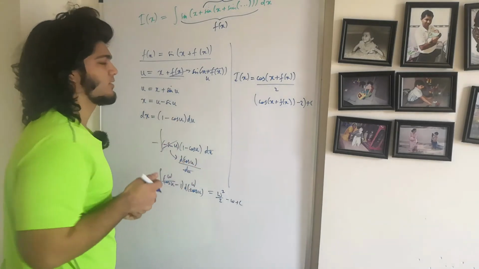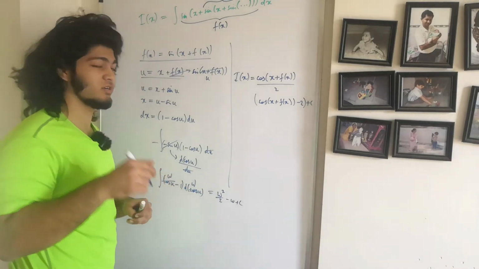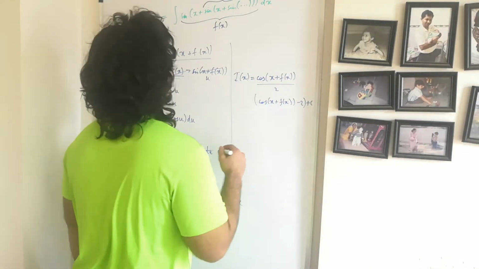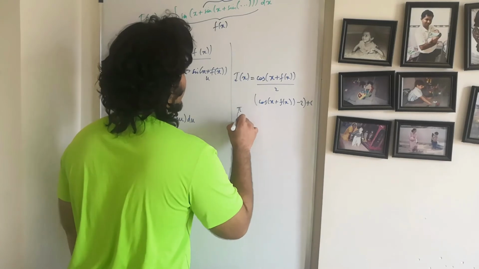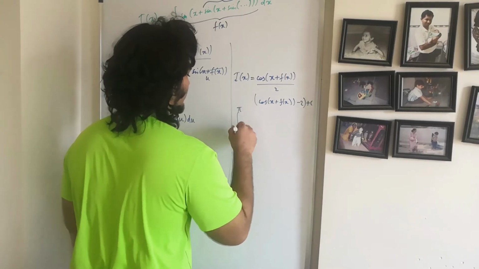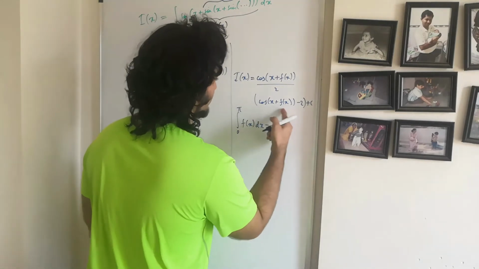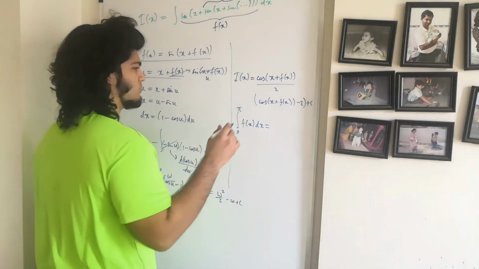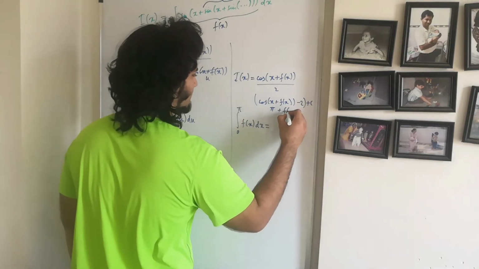If you want, you can find the integral from 0 to pi, which was the original question in the first video. So the integral from 0 to pi of f of x dx is nothing but you plug in pi over here. What is pi plus f of pi?